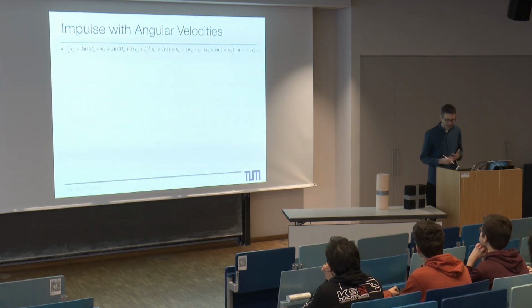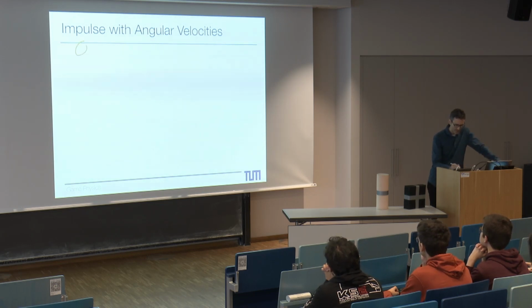And now we basically have to do the same as before. We need to rearrange this, and we are still interested in what we want to get out, this j, right? All these we somehow need to extract and then solve for j. And luckily, it looks complicated, but it's possible.